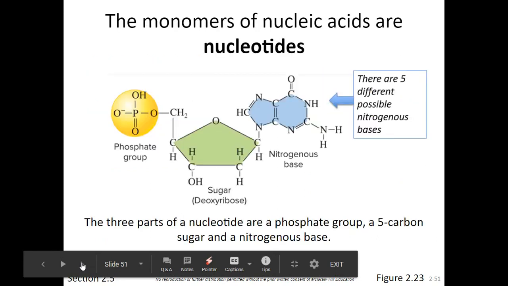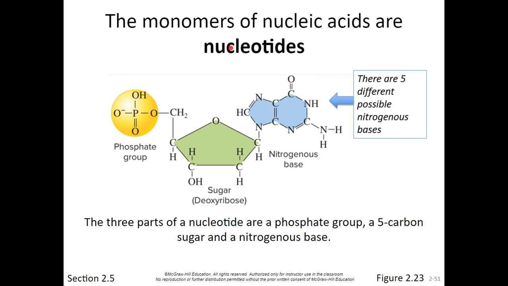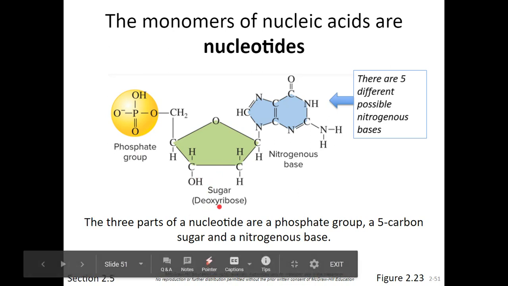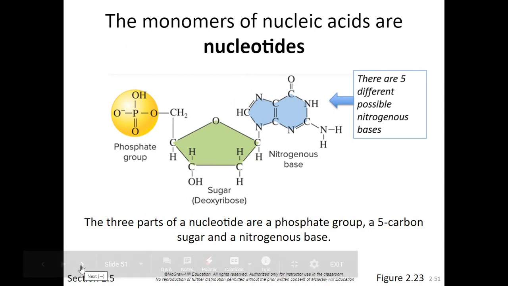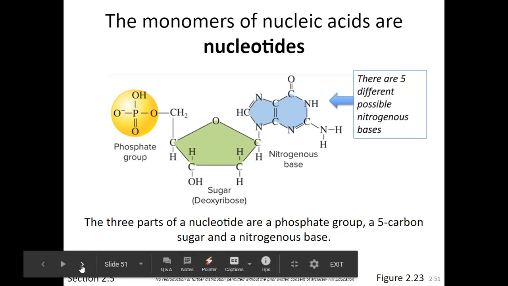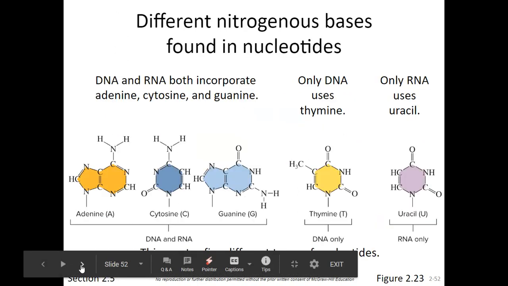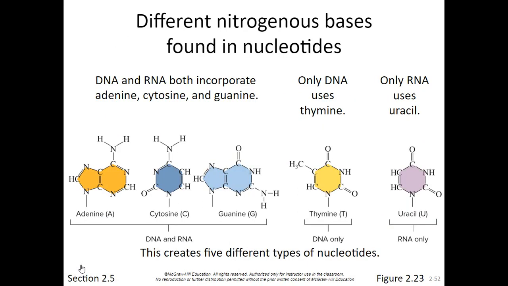And what are the building blocks? The monomers are nucleotides. These nucleotides are made up of a phosphate group, a sugar, which is deoxyribose if it is DNA but just ribose if it is RNA, and a nitrogenous base. Nucleic acids have building blocks of nucleotides, with different nitrogenous bases in DNA and RNA.